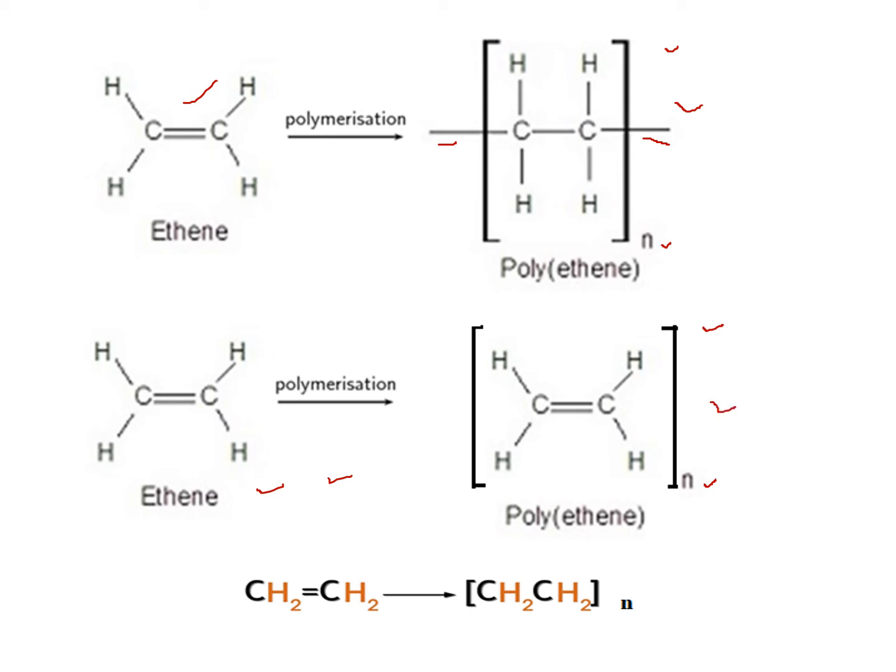We place it in square brackets, but now you do not have these bonds showing outside the square bracket. Also, when you want to show an equation, you will say CH2 double bond CH2 gives you square bracket CH2 CH2, close the square brackets, and n.